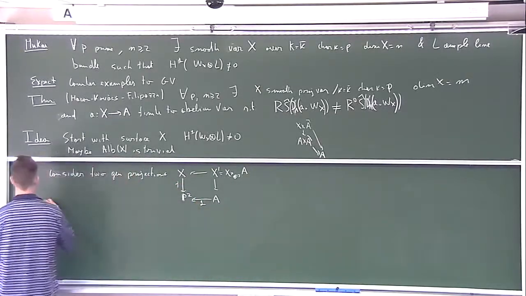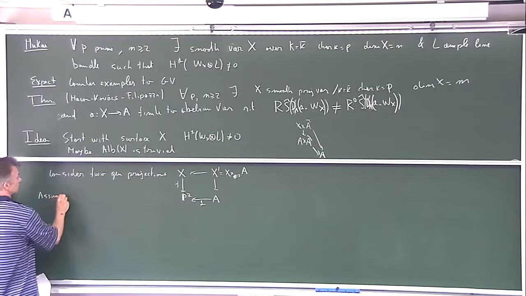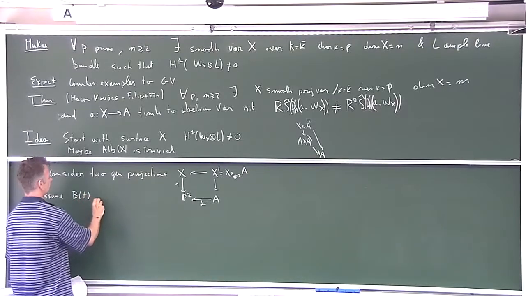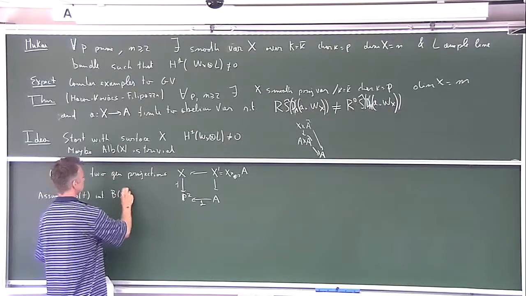So first of all, I can assume that the branch locus of F intersects the branch locus of G transversely.